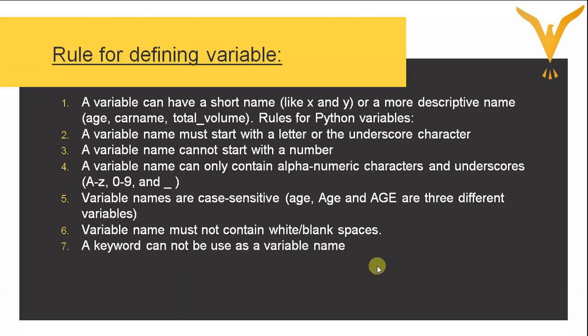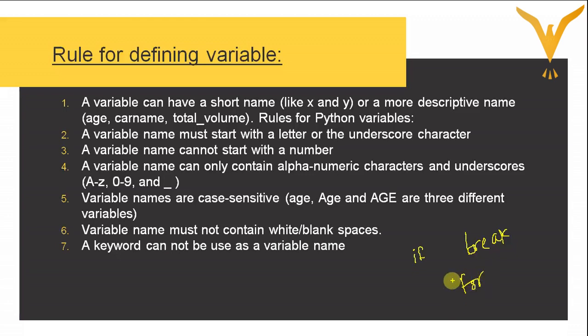Okay, so there is also one important rule that you cannot use keyword as a variable name. Now what do you mean by keyword? Keyword is nothing but a reserved word. So Python ने खुद के लिए कुछ words create करके रखे हैं जिसका meaning already defined है. Okay, so a reserved word is also known as keyword. For example, there are certain keywords such as if, break, for.